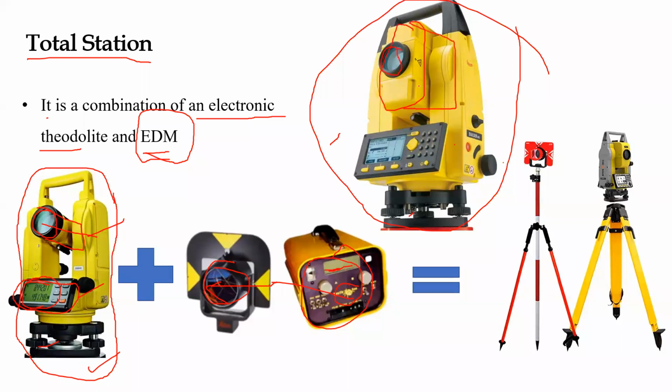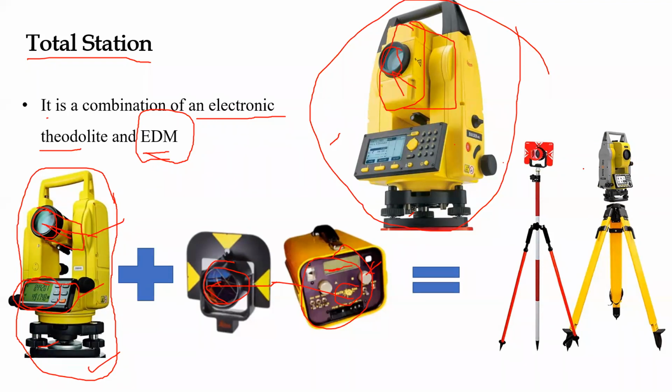What will this box do? In a theodolite we do not send any kind of signal, but here it will send some electromagnetic waves as well. How are electromagnetic waves generated? You see some diodes there, like cadmium arsenic diodes. So by using those diodes, some kind of electromagnetic waves will be generated.